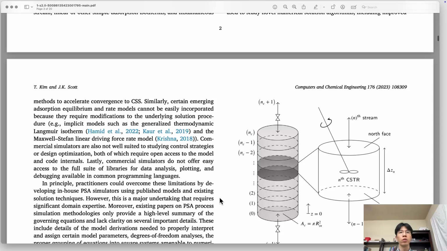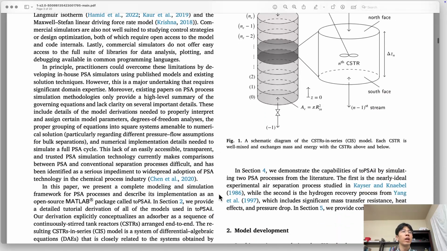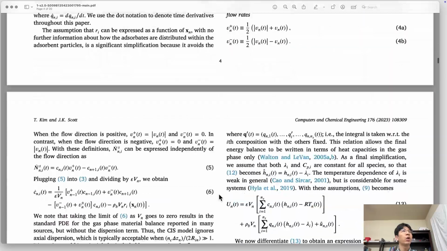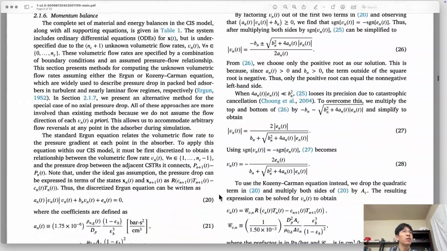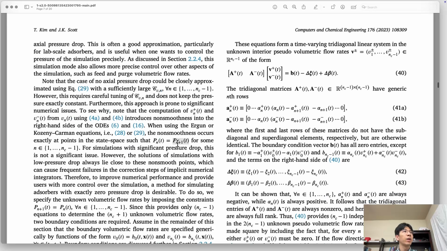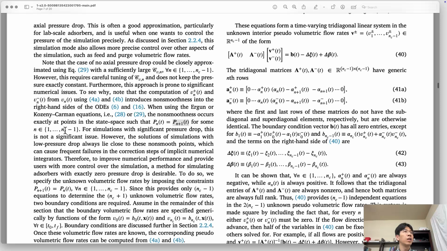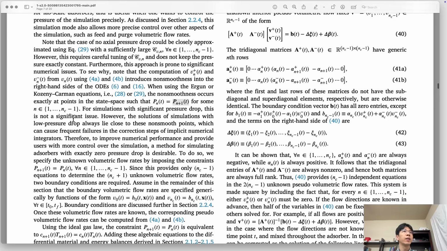The pressures are equal to each other but allowed to change with respect to time, based on these equations, which can be written for the first CSTR up to the NC minus 1 CSTR, NC being the number of CSTRs.